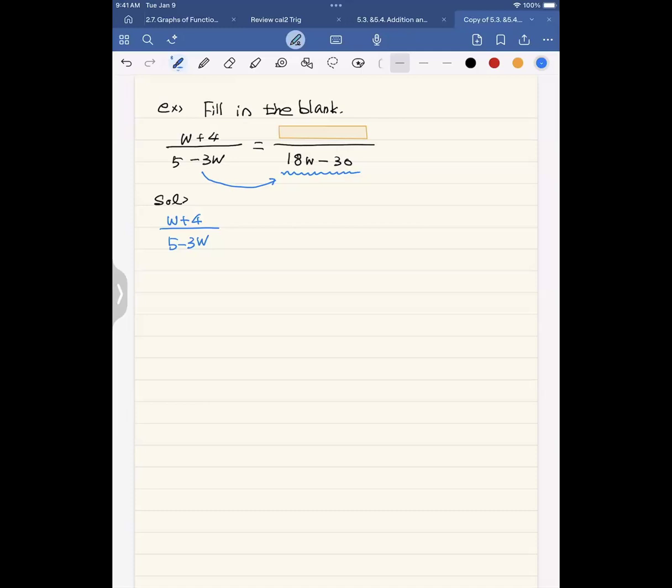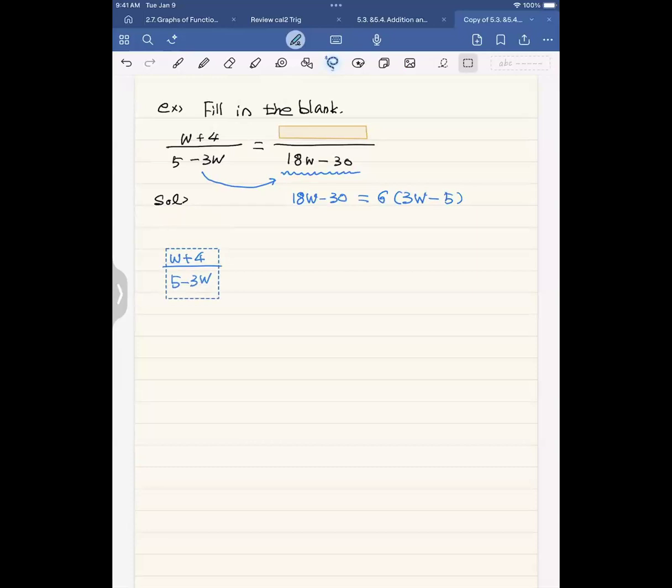We find that the denominator of the fraction on the right side can be decomposed to 6 times 3w minus 5.